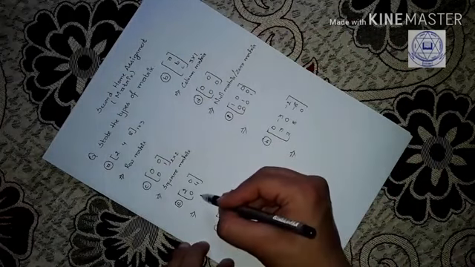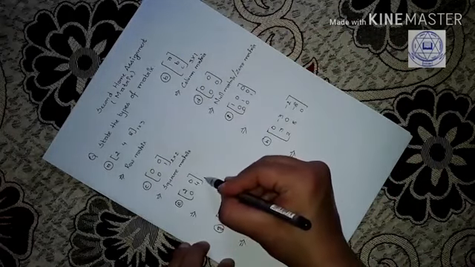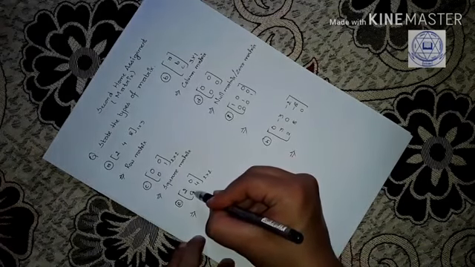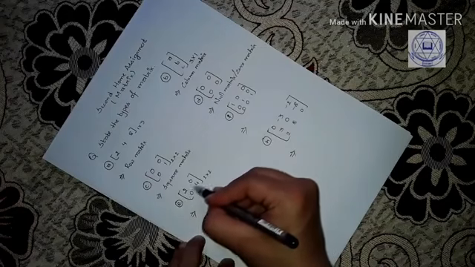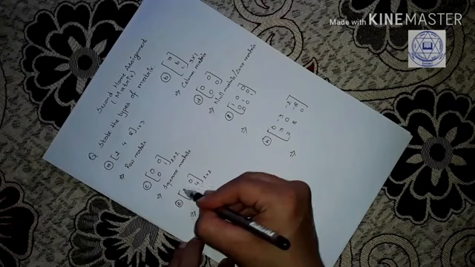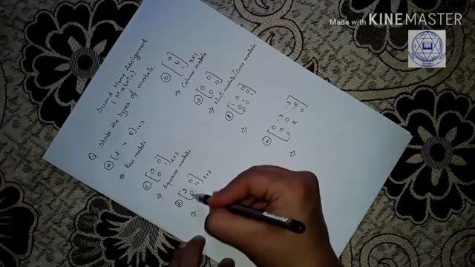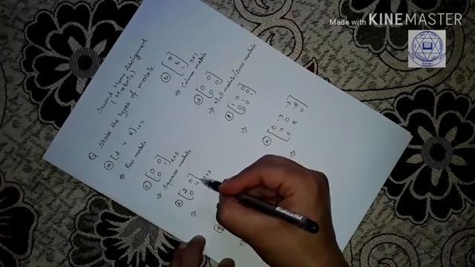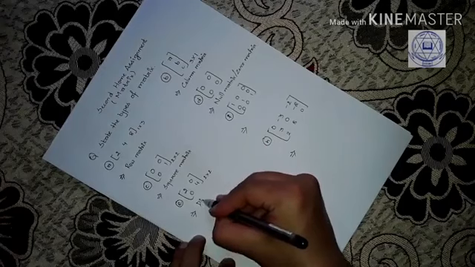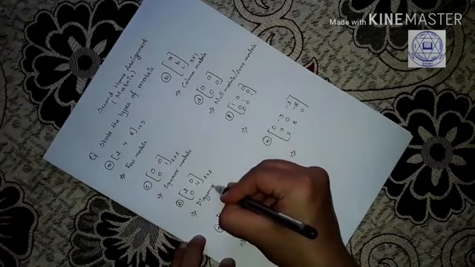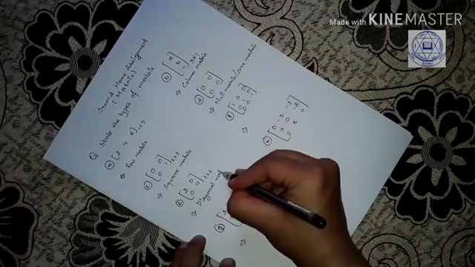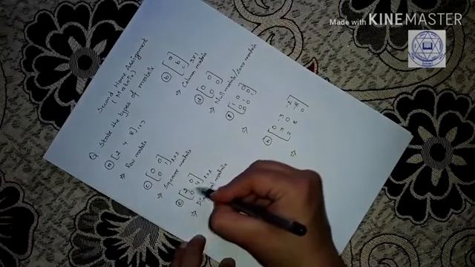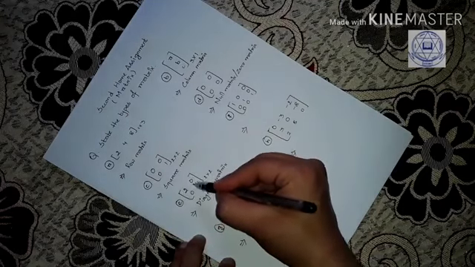Here the number of rows is equal to the number of columns, but the elements in the main diagonal are non-zero, whereas the other elements are 0. That's why it is a diagonal matrix: a square matrix having non-zero main diagonal and other elements 0.